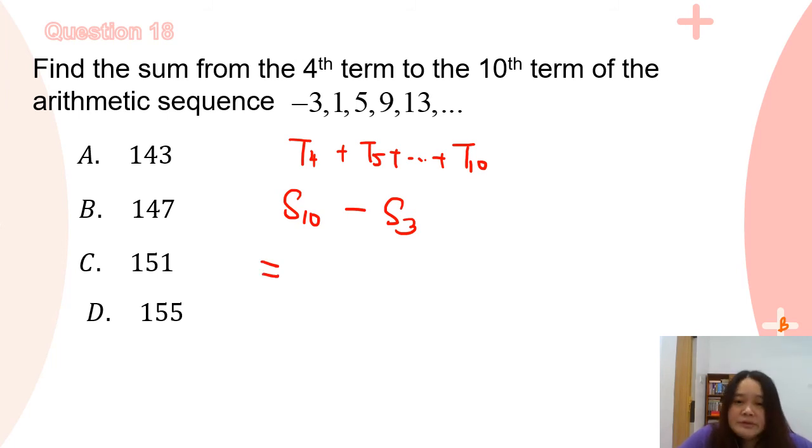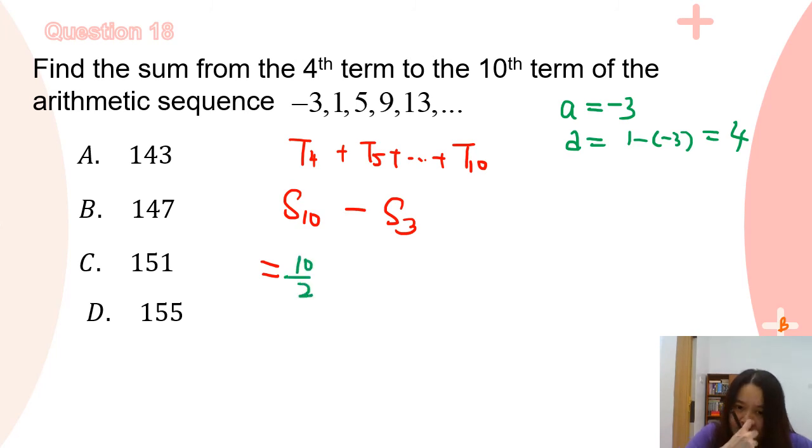If I want to use the sum formula, first of all, I have to determine the first term of the arithmetic, which is minus 3. The d will be 1 minus minus 3, so you will get the value of 4. So I substitute into the sum formula, 10 over 2, 2 times minus 3 plus 9d, d is 4, subtract 3 over 2.